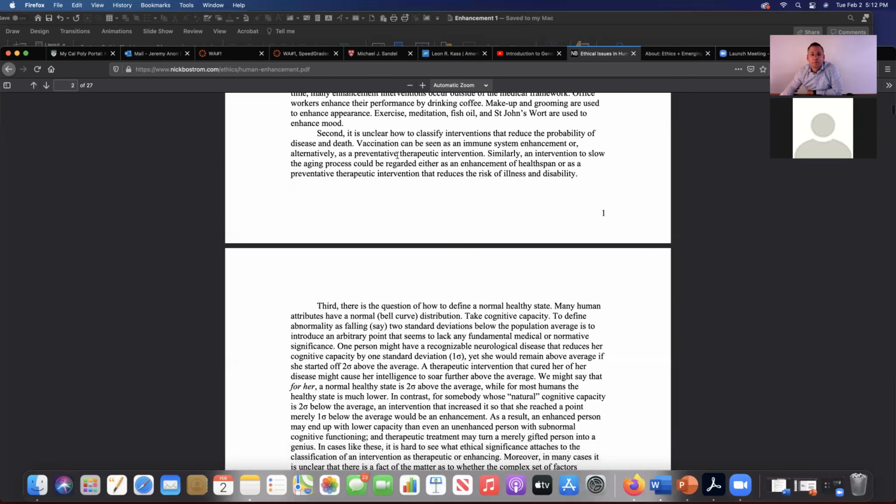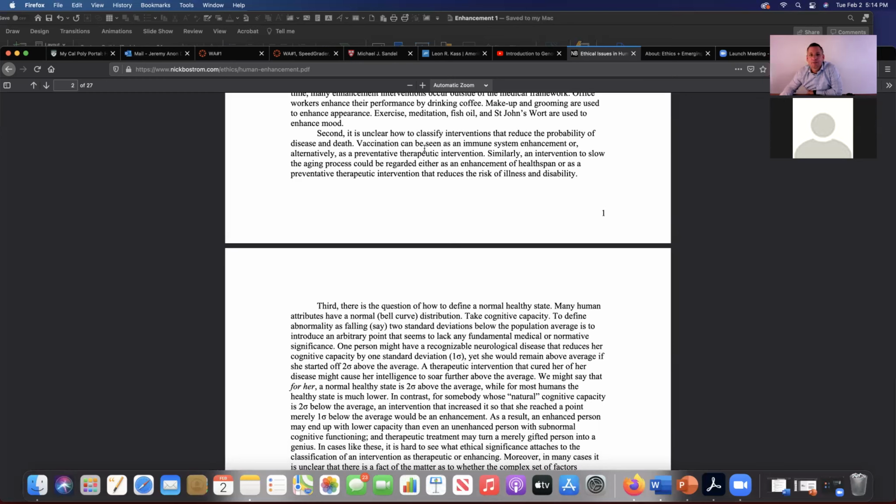And one of the things I wanted to mention, given that we're at a time when vaccinations are a big deal: second, it's unclear how to classify interventions that reduce the probability of disease and death. Are these going to count as therapy or as enhancement?